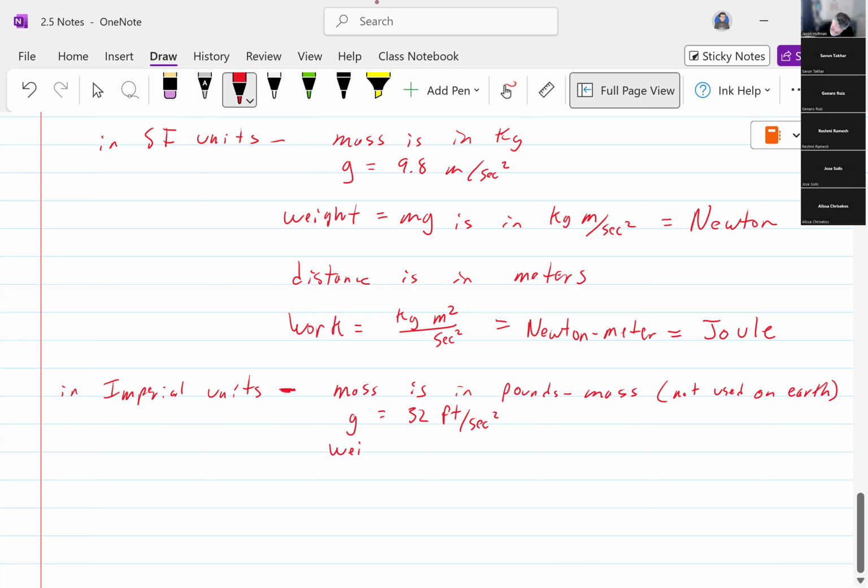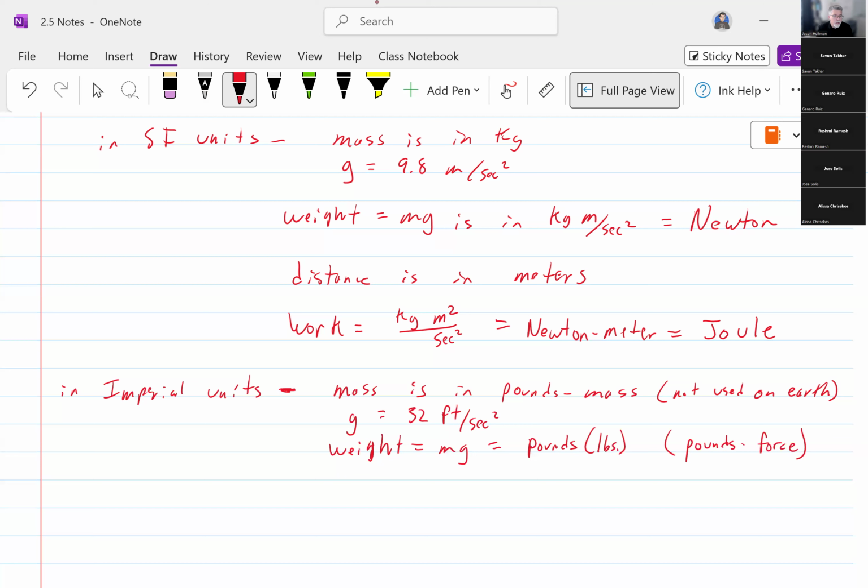Weight is really what we talk about when we say, hey, how much do you weigh? We're talking about how much you weigh here on Earth. That's mg, and that's in just pounds, or LBS for short. You could think of it as pounds force if you want. But nobody says, hey, how many pounds force are you today?